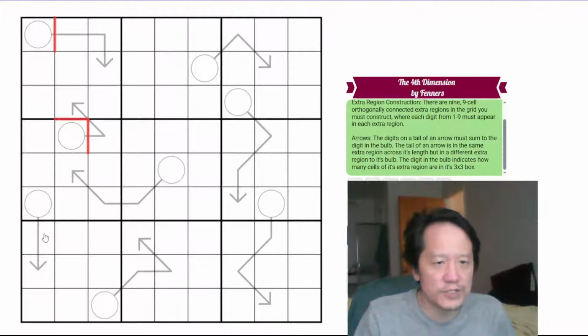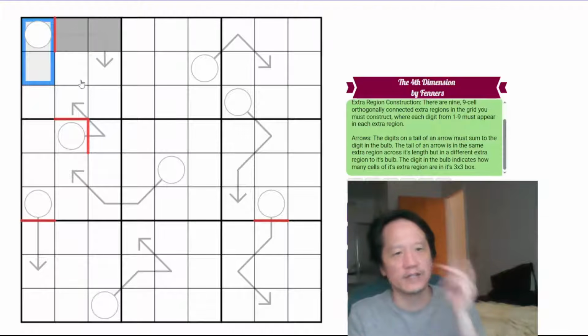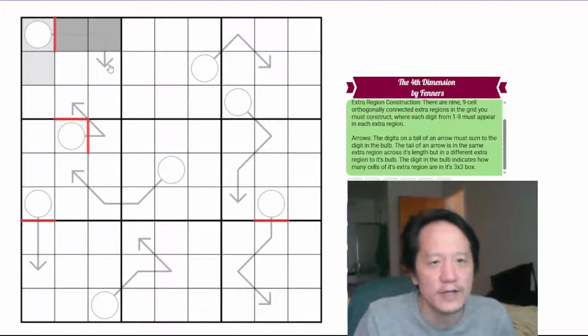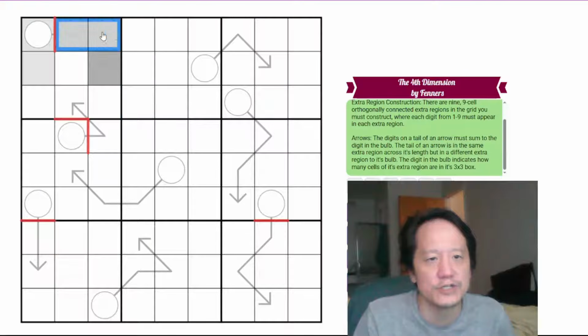This is a separate region here. If it goes diagonally, we don't really have a boundary to get. Anyways, this has to be a separate region, and so these are separate regions here. This must go down, because to be orthogonally connected, you have to go that way. This is all part of the same region, because the tail of the arrow is all part of the same region.